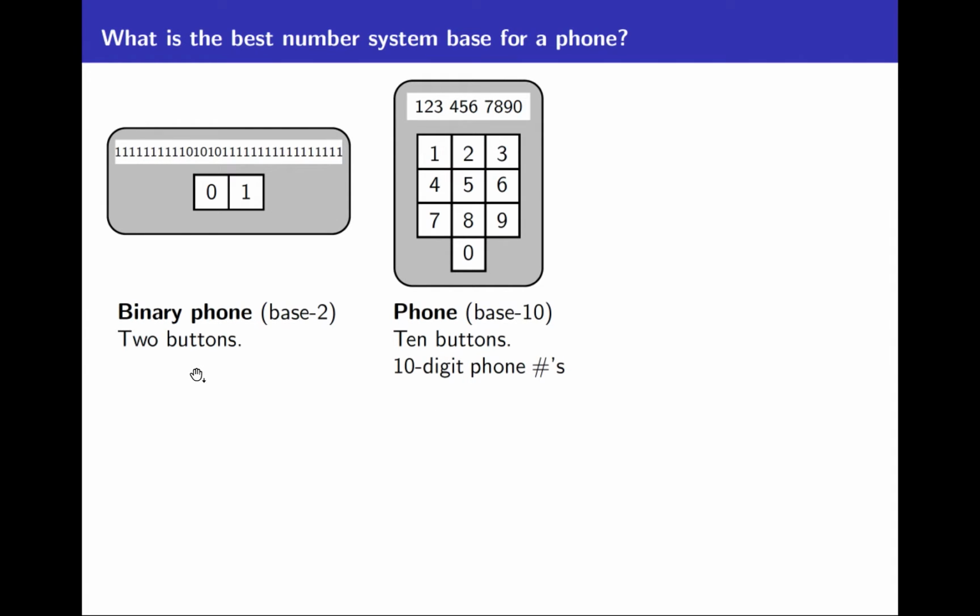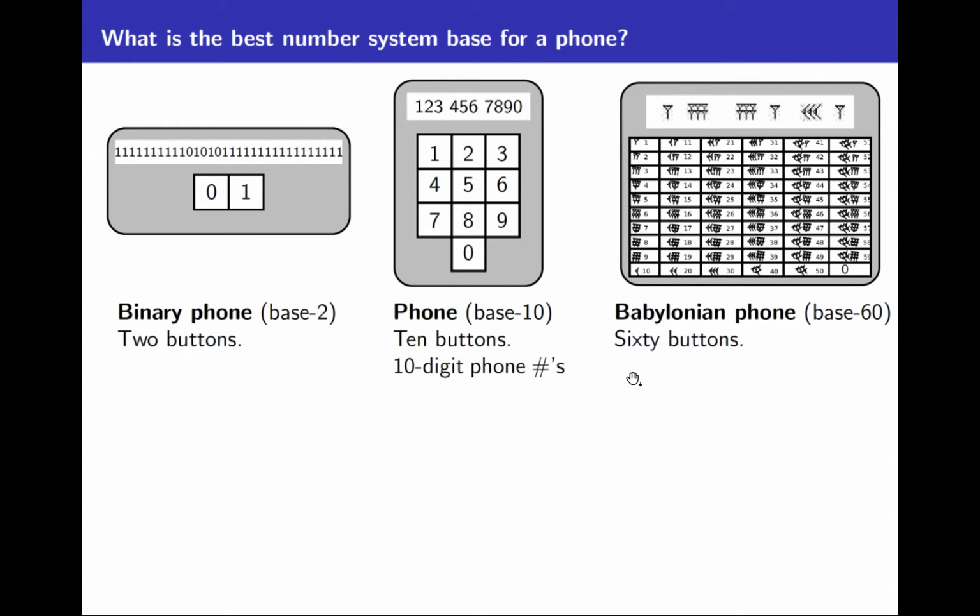If our phones were binary, they'd only have 2 buttons, a 0 and a 1. And our phone numbers would be strings of zeros and ones. And you might imagine that a binary phone number would be longer than the 10 digits that we use for our phones. Now, of course, the Babylonians didn't have phones, but if they did, their phones would have 60 buttons. They might look something like this.